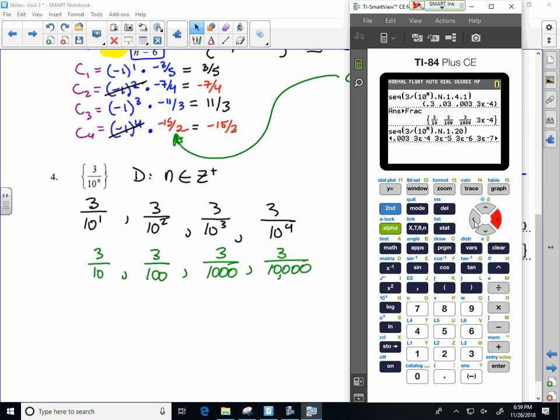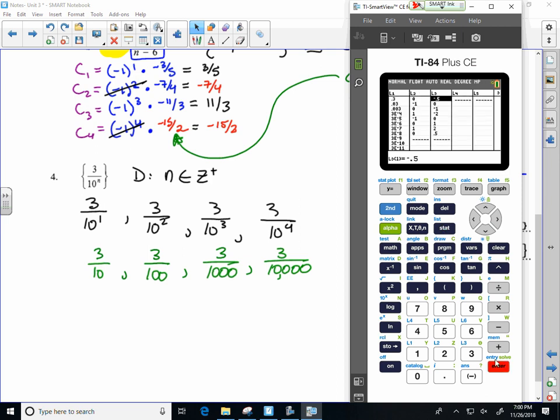So what I can do instead of doing that is store it into a list. So I'll just store, let me hit enter, that with store into, so the store key, and then put it into L1. It seems like nothing happened, but when I hit stat edit, it stored all those values in L1.